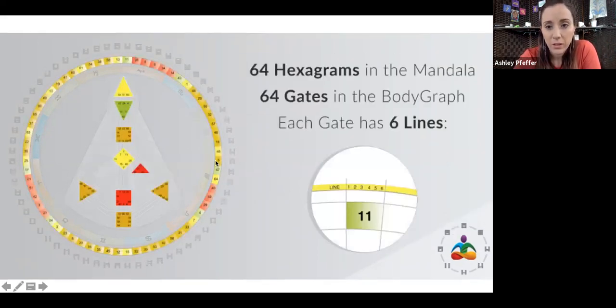If you guys have looked, here's just another view of that. And if you see these numbers, I want to mention that anything that you're seeing in the Human Design System as far as numbers go, they come from the I Ching hexagram, and then also Gene Keys. So if we're looking at hexagram 1, we're also looking at gate 1, we're also looking at Gene Key 1, and they all go.